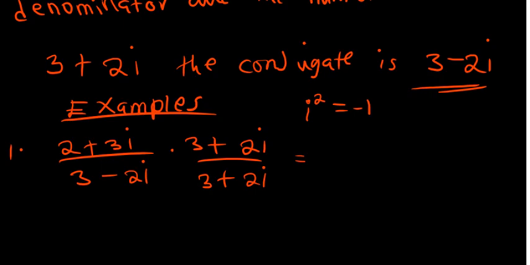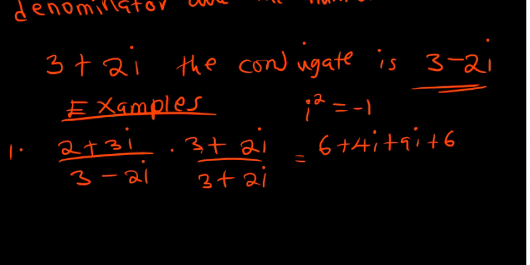You're going to start with the numerator on top here. You multiply both. Start with 2 times 3, which gives a 6. Then 2 times 2i, which will be plus 4i. Then 3i times 3, which is plus 9i. The next one is 3i times 2i, which will give you 6i squared.